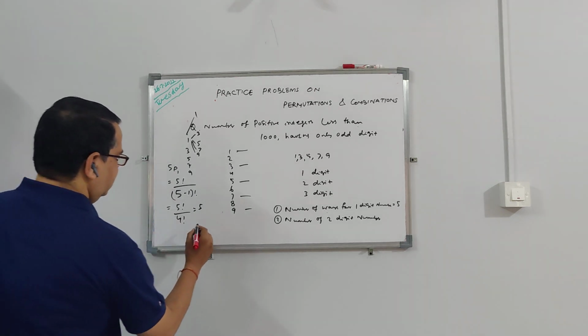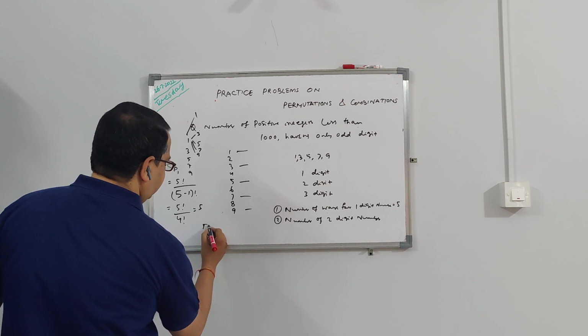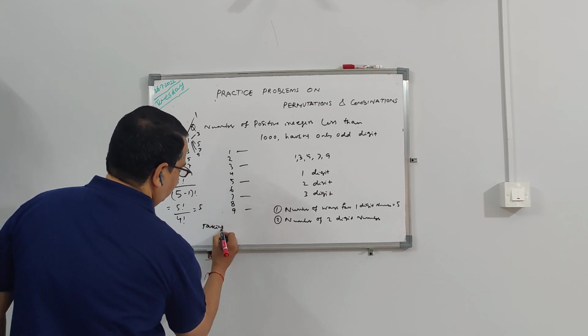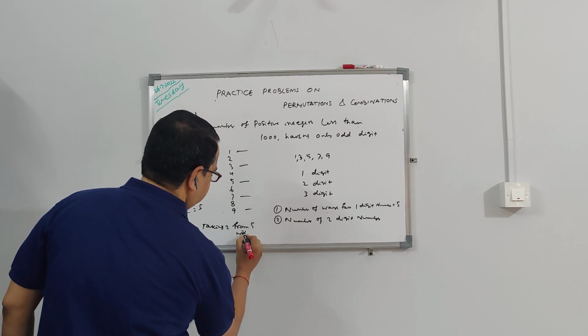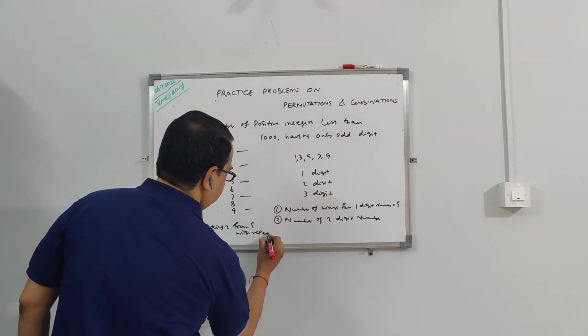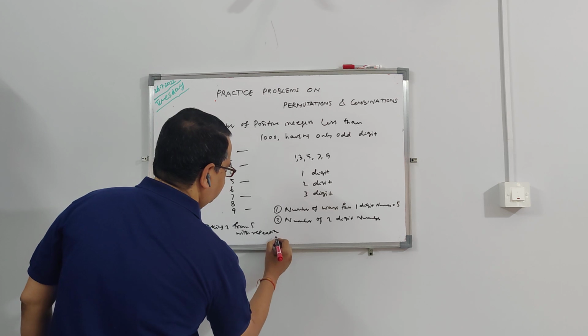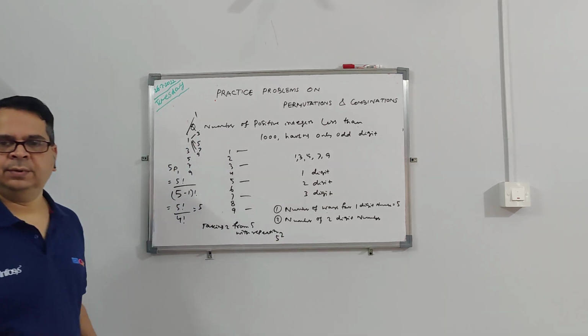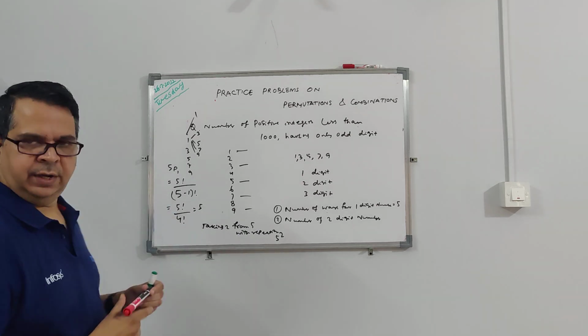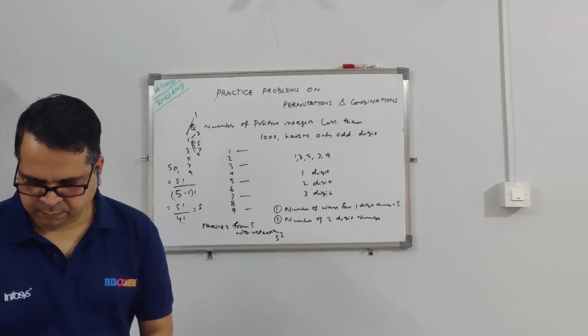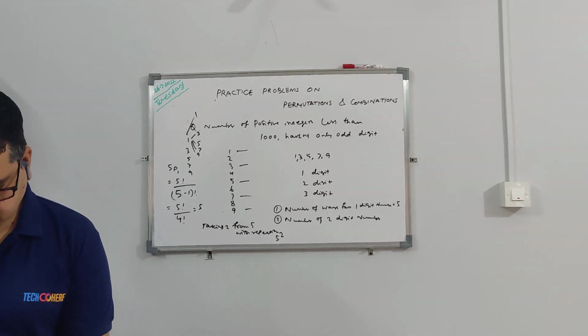You are taking 2 from 5 with repetition, which is equal to 5 to the power 2, because your r is equal to 2 here. That's why the formula is n to the power r.